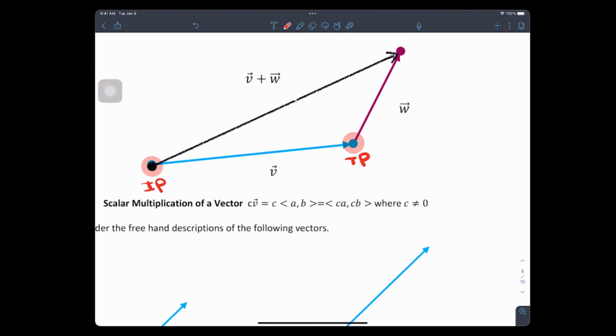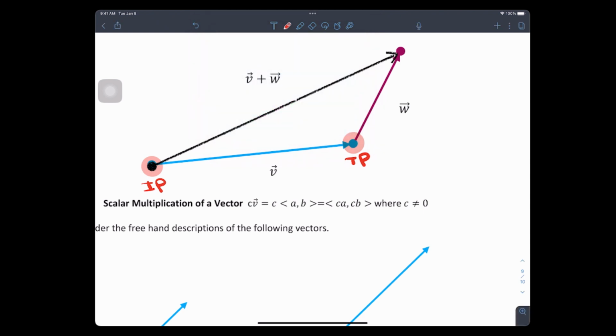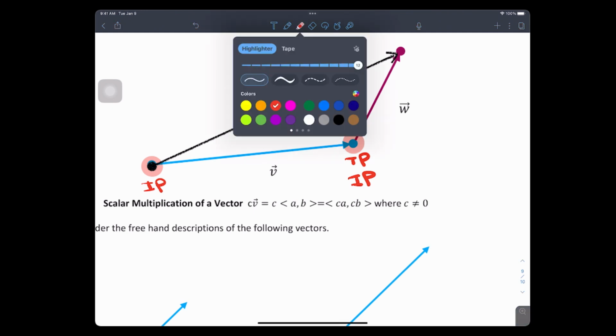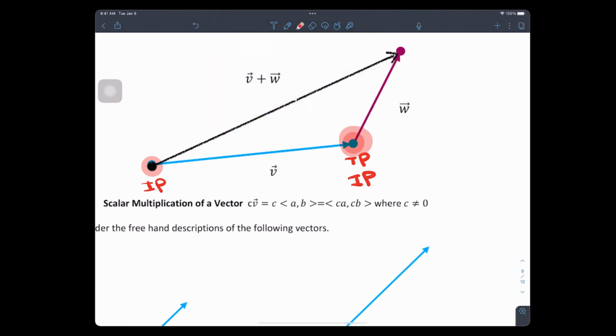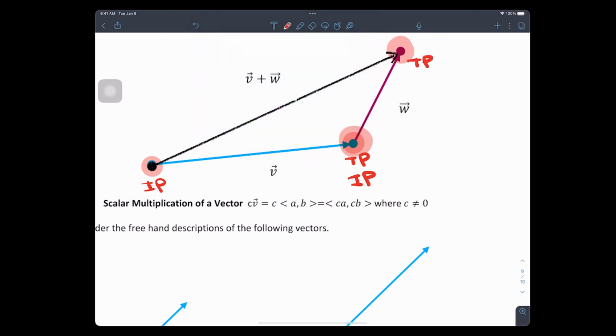So what you do for vector W, the second vector, notice you align the initial point with the terminal point for the second vector. Now, this is automatically its terminal point here, okay?